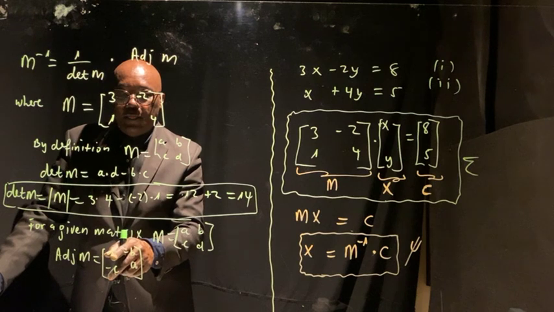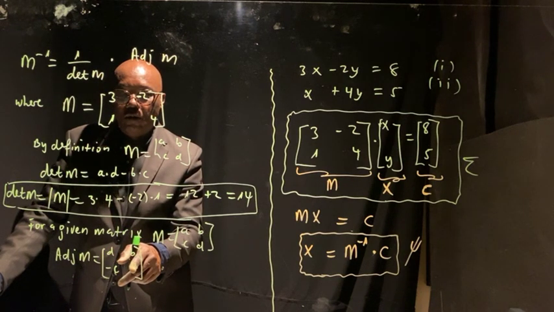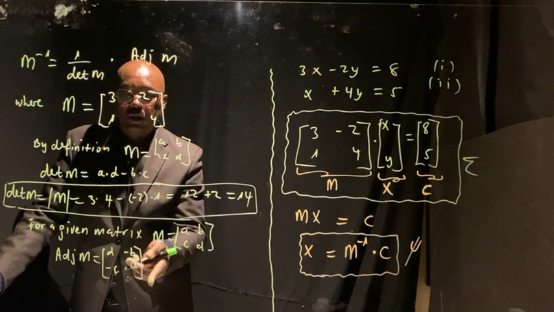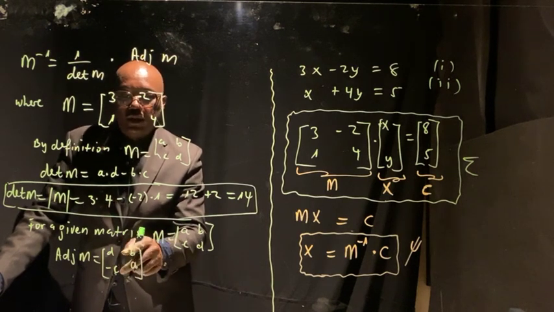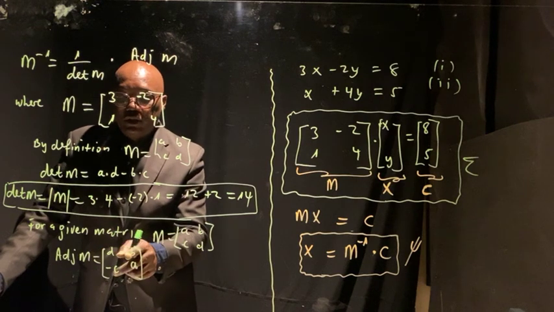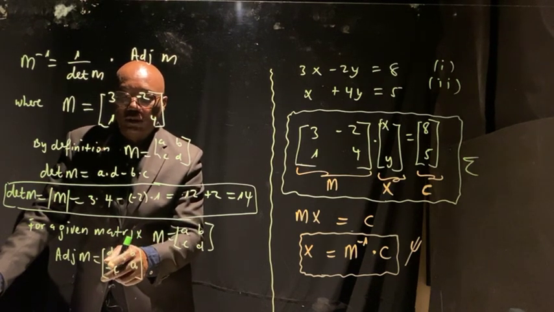The positions of A and D do swap, and their signs remain the same.